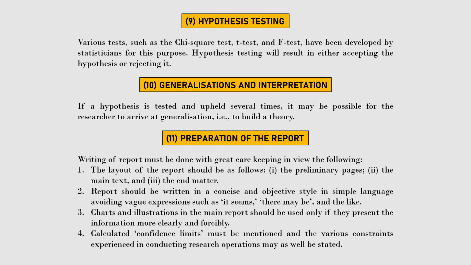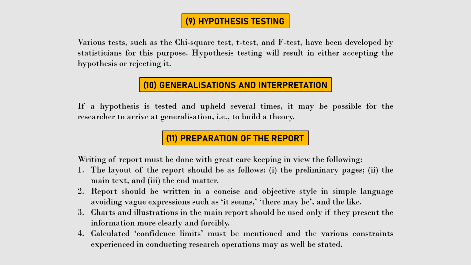And in the main text of the report, it should have introduction, summary of findings, main report, and conclusion. And at the end of the report, it should enlist all the technical data, bibliography, or any published research or report of the researcher.